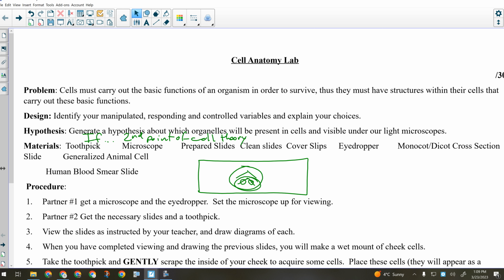Because if that's what cells do, and we look at them under a microscope, then I would say you should probably list a few of the structures that are going to be visible. And maybe why.